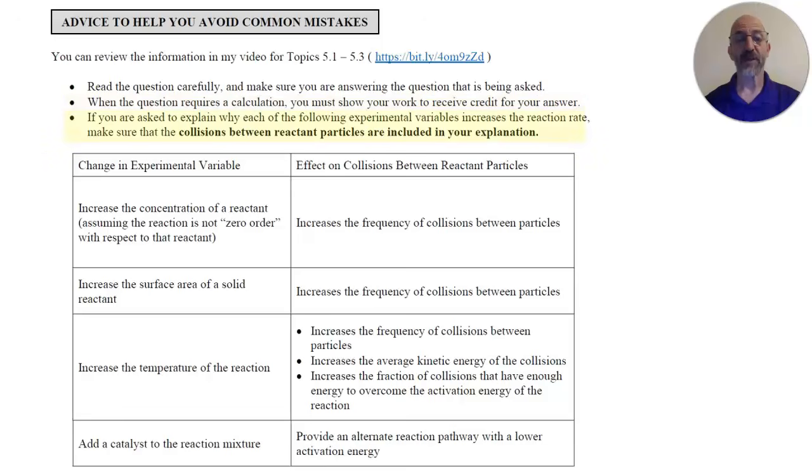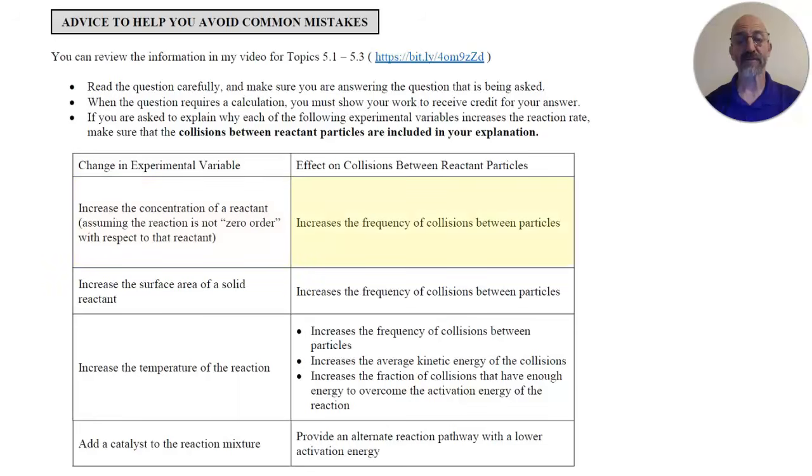And if you are asked to explain why each of the following experimental variables increases the reaction rate, make sure that collisions between reactant particles are included in your explanation. For example, suppose that you increase the concentration of a reactant, assuming that the reaction is not zero order with respect to that reactant. Well, the rate increases.